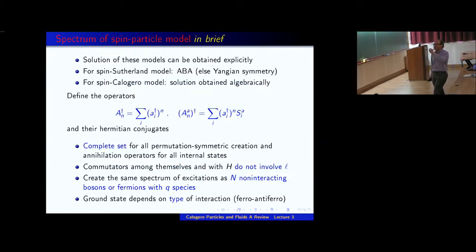But the lesson to draw from here, which we will see more explicitly in what comes, is that the spectrum is very similar to the spectrum of free particles with internal degrees of freedom. It's just that the energies are renormalized for the Calogero model, which means shifted for the harmonic Calogero model, or renormalized in a rather different way for the Sutherland, the periodic model.